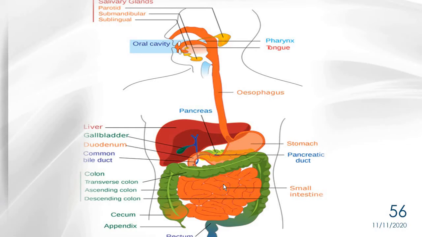The duodenum is the first part of the small intestine, and the ileum is the second part.